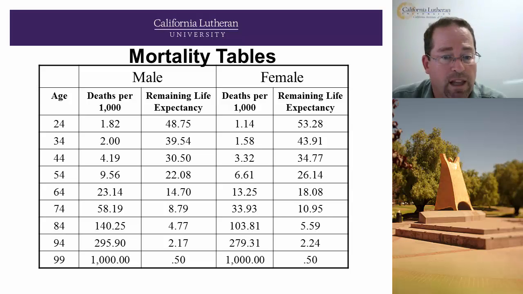And conversely, the remaining life expectancy goes down the older that we get. The same goes for the right half of the chart there. Both the deaths per 1,000 trend the same way as the males. As we get older, the frequency of death increases. And the final column there, the remaining life expectancy decreases the older that we get.